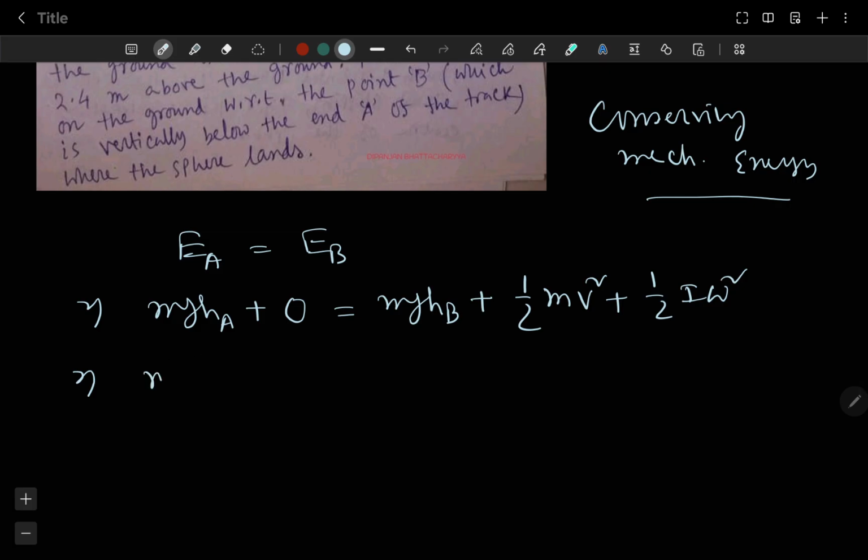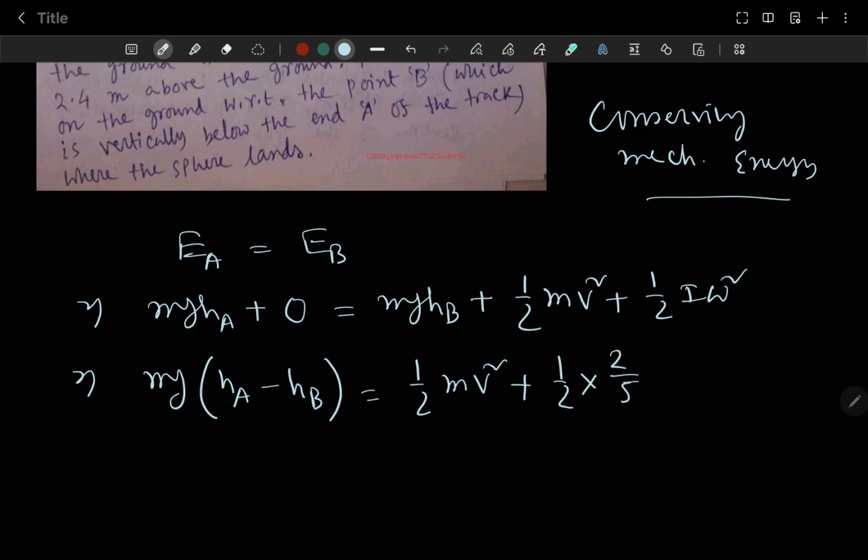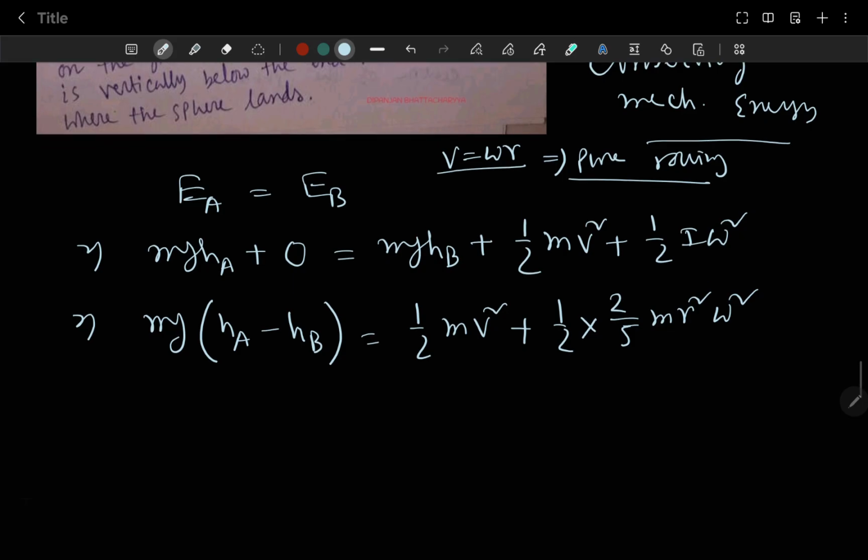So it will be mg(ha minus hb) equals half mv square plus half 2 by 5 mr square omega square. So v equals omega r for pure rolling, we know. So we'll have this v square, 2 and 2 gone. So m cancels.